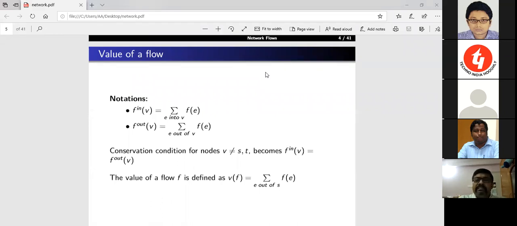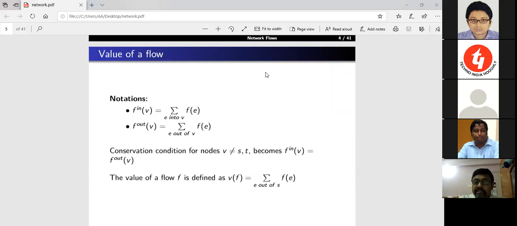And for the sink node, inflow. If you think of it practically, since nothing is being left in the intermediate nodes, or nothing is being generated in the intermediate nodes, the total amount that is going out of the source node must be the same as the total amount that is coming into the sink node.